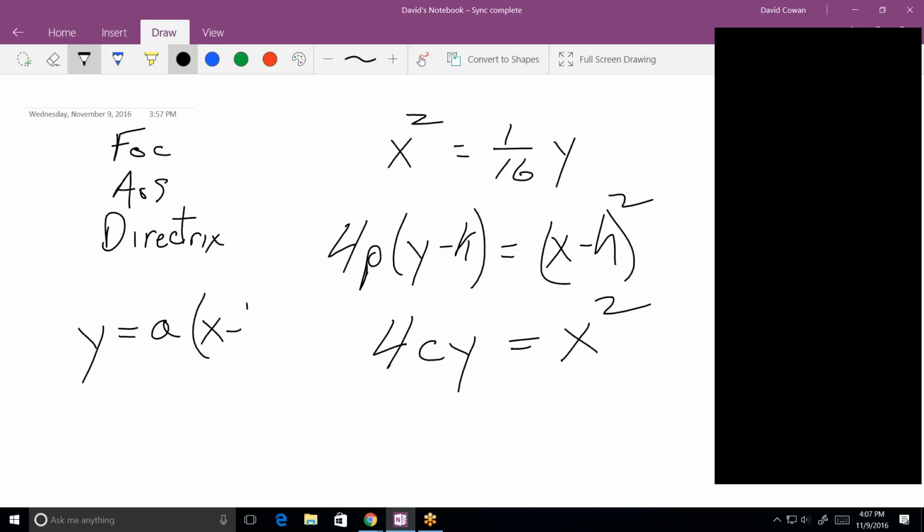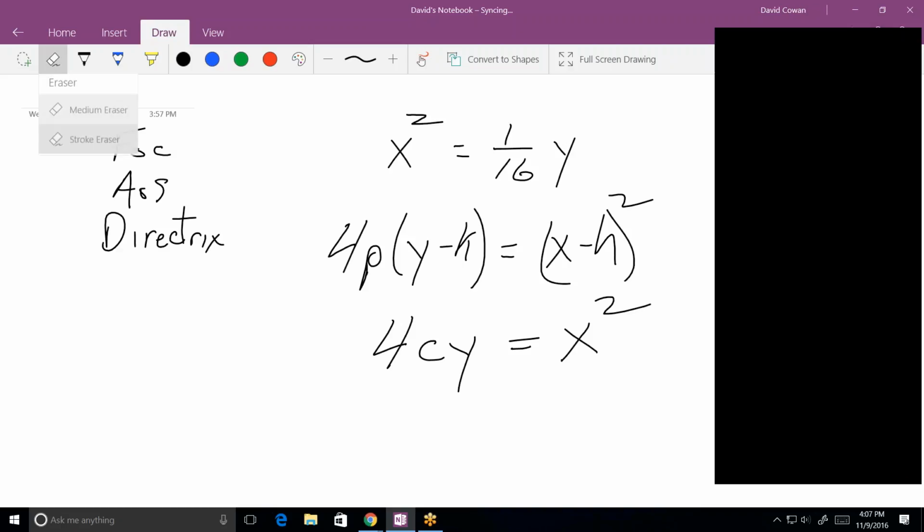Remember, this here is the vertex format, and then they tell you that A is 1 over 4C. And so they just stick with this format here and let you solve for A and then solve for C. I actually prefer using this format here, which is the more complicated form of that same format, only when the vertex is not at the origin.